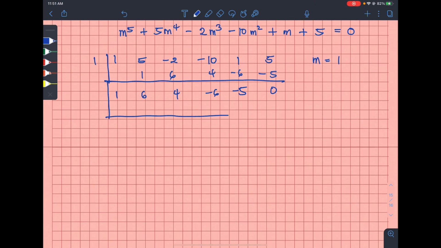Let's have another one. So what if 1 again? So 1, 7, 11, 11 times 1 is 11, positive 5. So 5 times 1 is 5, 0.